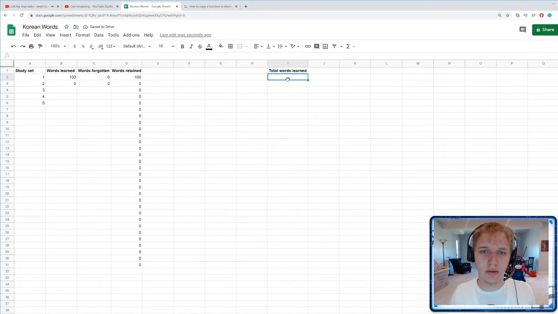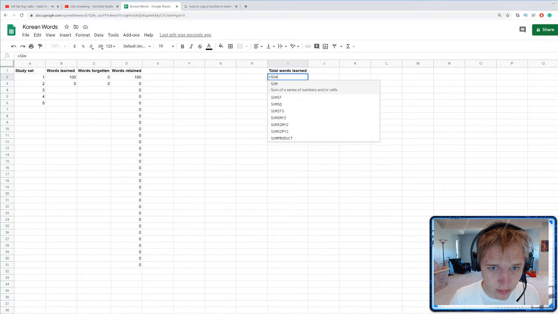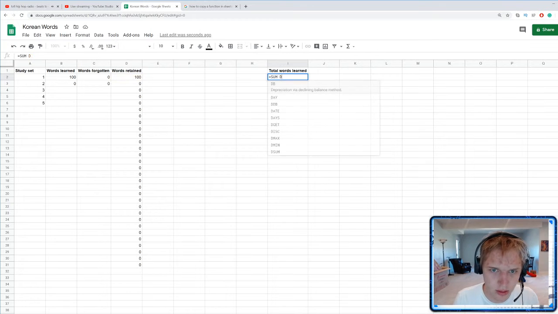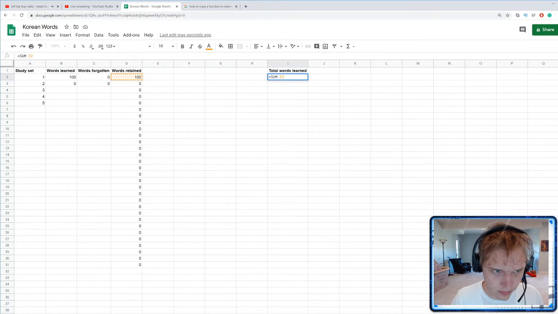Total words learned, we're going to have that be equals sum D2, sum D2, and we'll do that.